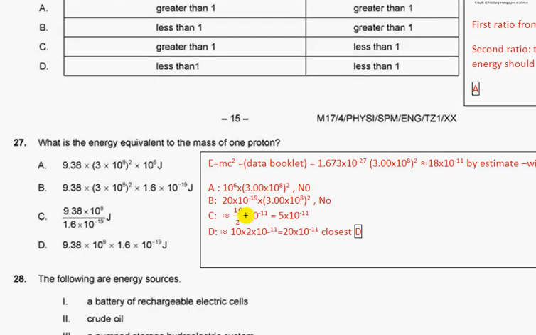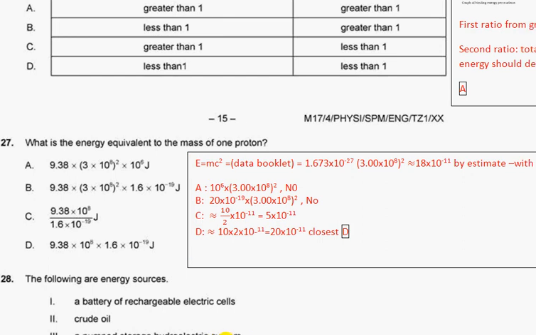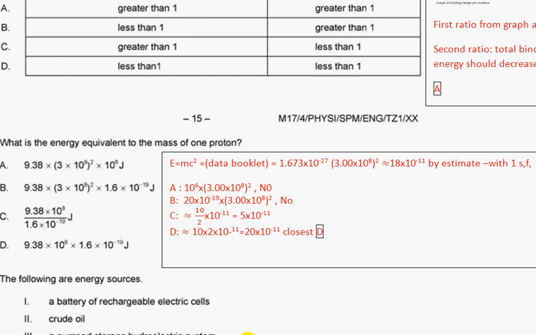What is the energy equivalent of the mass of 1 proton? So first we use formula for energy equivalent. So energy is associated with mass by formula E equals mc squared. It is famous Einstein formula from booklet.